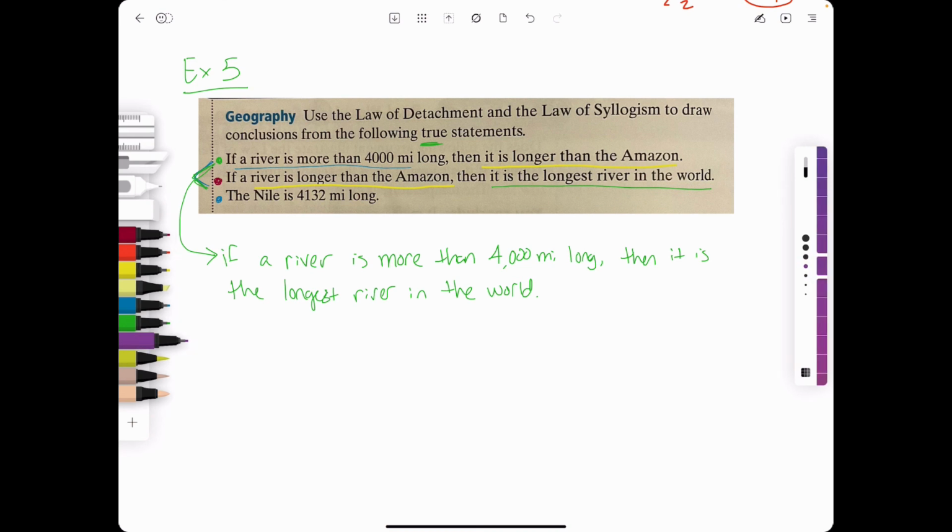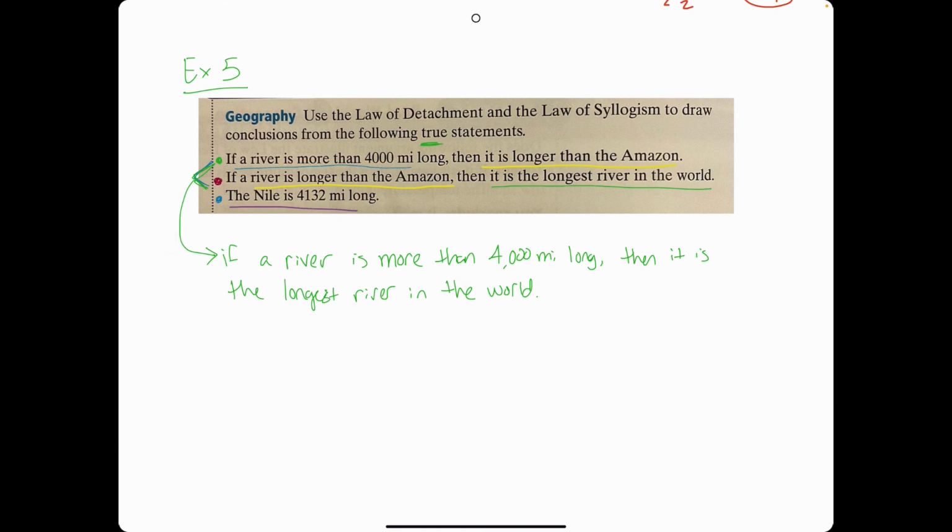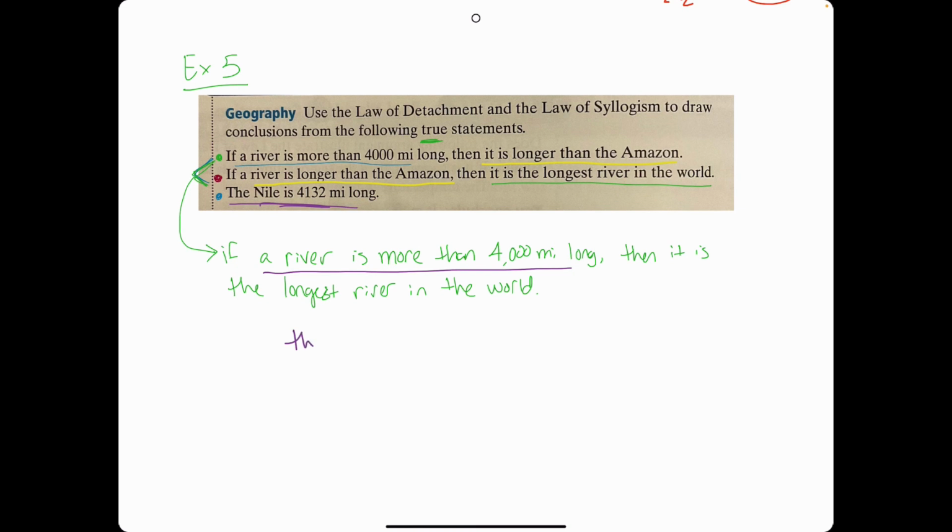Then we have that statement, the Nile is 4,132 miles long. So take a look at this. It's kind of like that mechanic one. If a river is more than 4,000 miles long, well, it's saying that the Nile is more than 4,000 miles long. So therefore, the Nile is the longest river in the world.